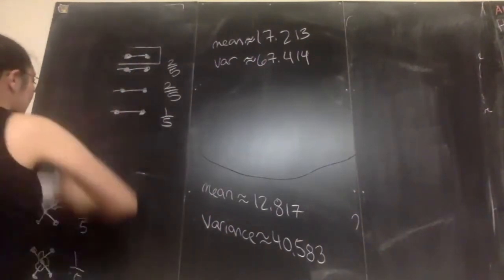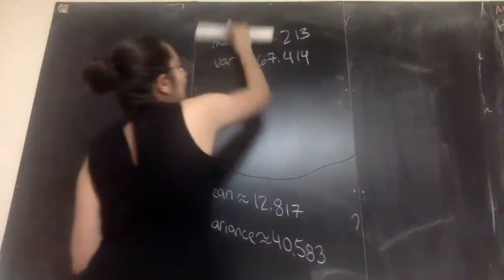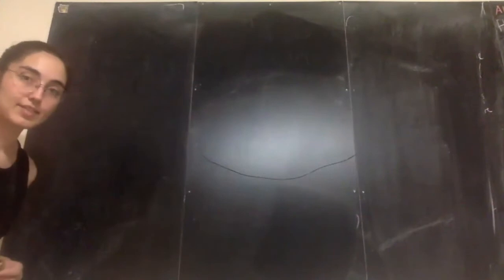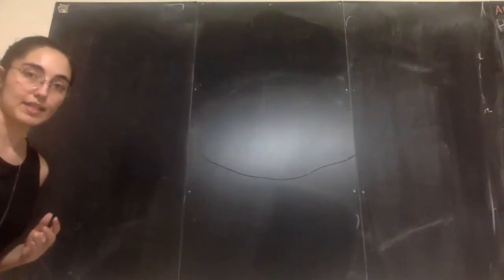So now let's look at some graphs with the same diameter, but different edge densities, to see how the edge density changes the mean and the variance of the graph.